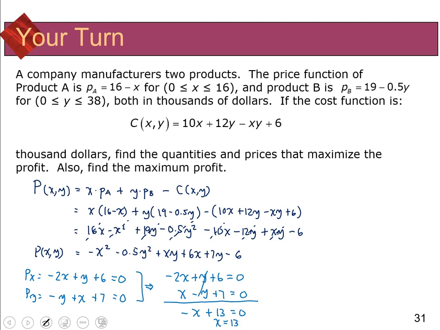Going back to one of the original equations, if x is 13, I'm going to have negative 26 plus y plus 6 equaling 0, which means y minus 20 equals 0, so y would have to equal 20. So I do have a critical point at 13, 20.